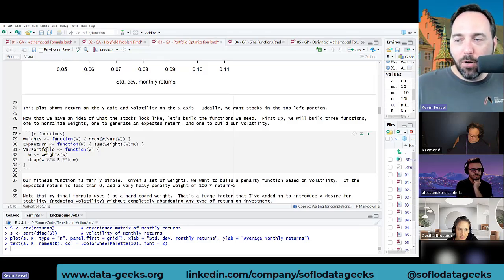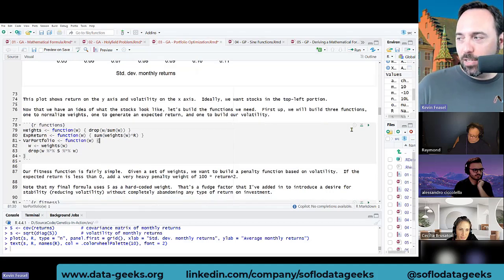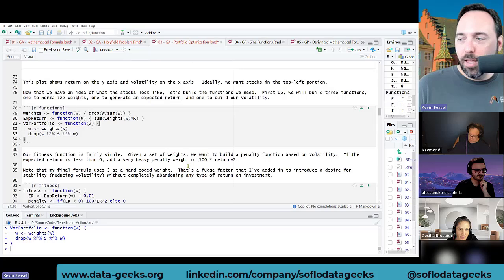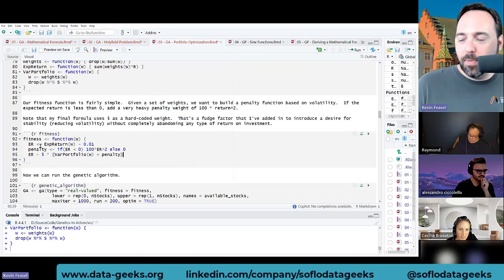So we'll build out our portfolio as the combination of all of the stocks that we have, and our fitness function penalizes volatility. We want less volatile, higher return stocks. That is the formula in here.